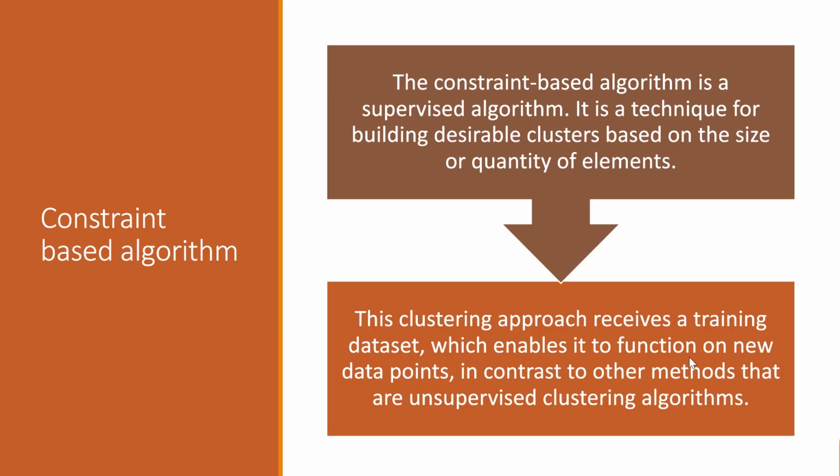As a result, whenever fresh data is fed into the system, groups of desired quantities are established, some of which may even be related to specific data points on the model using the constraint based method in data mining, and then the machine is given data to work with. So this was an overview of the constraint based algorithm, and with this we have covered different categories of clustering.